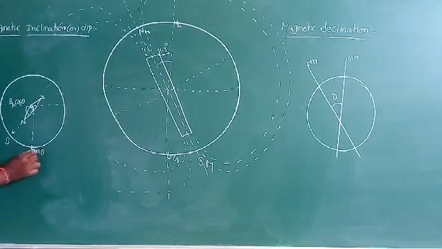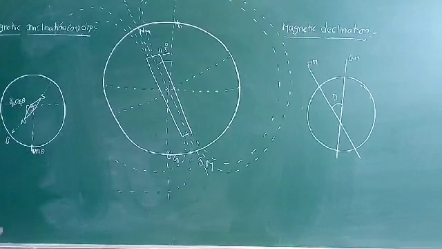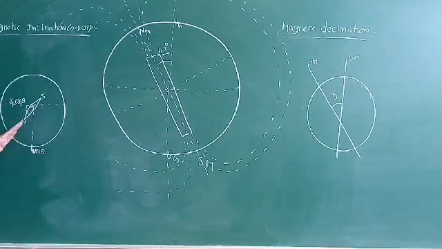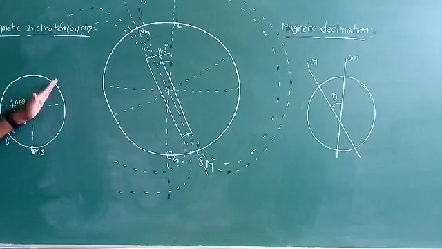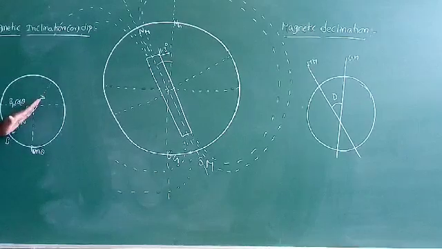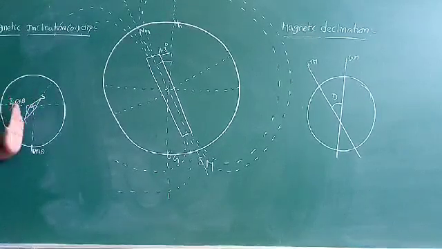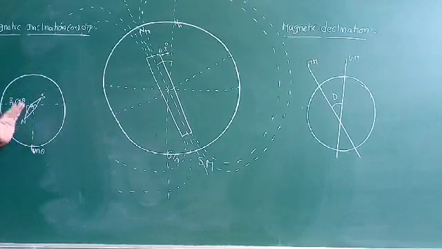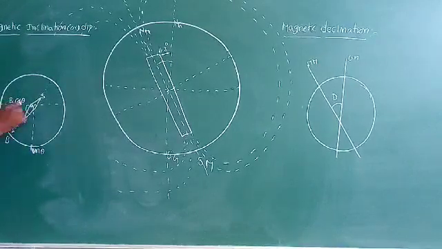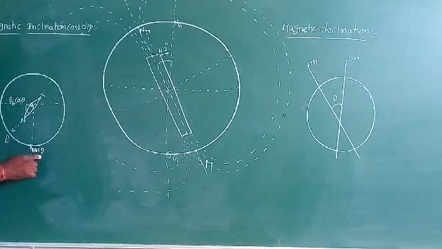So the total intensity of the magnetic field is resolved into one horizontal component, B cos theta, and one vertical component, B sin theta.